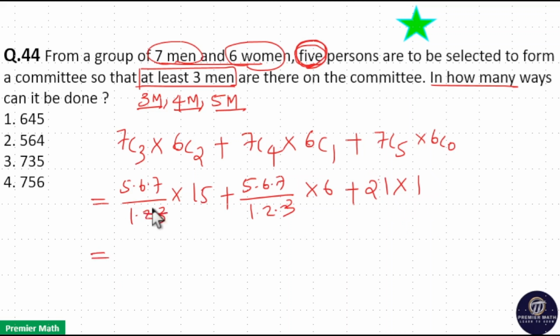Now this is equal to 6 cancel, and 15 into 5 is 75. 75 into 7 means 70 into 7, 490.